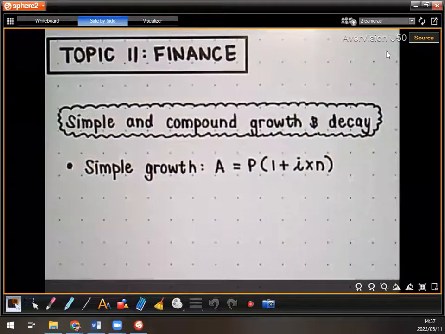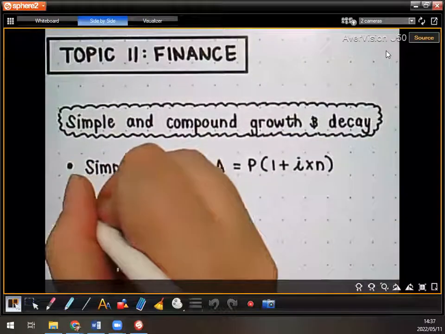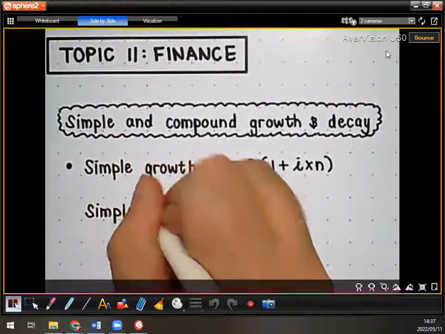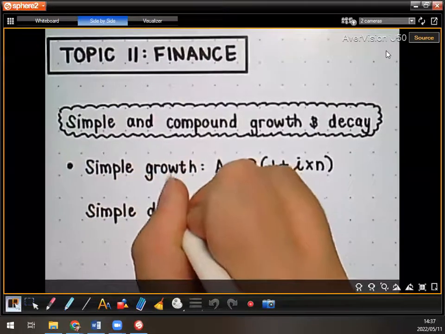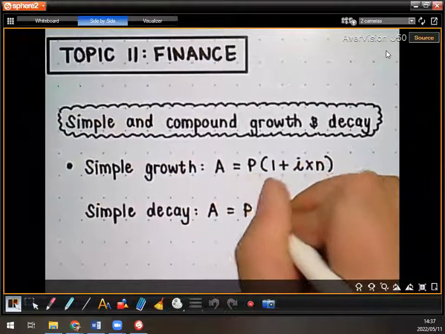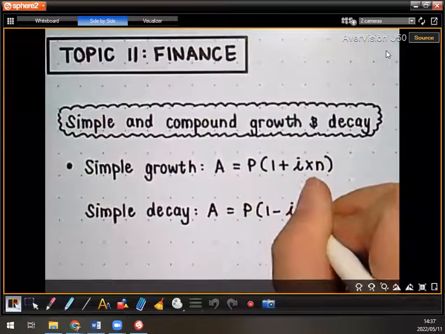All right, so simple growth, simple decay. Like I said, the same formula, the only thing that changes is that the plus is now a minus.